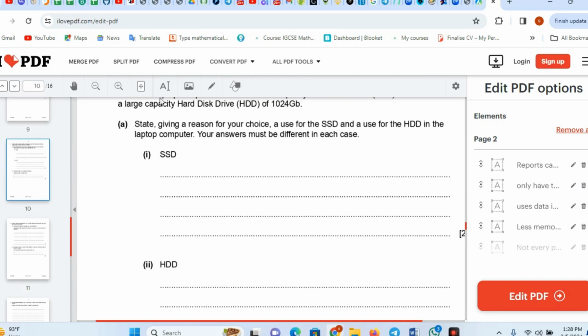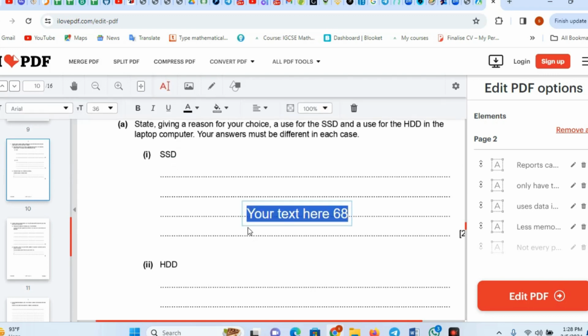Do you understand? I said for the SSD, you use it to store the operating system or games.